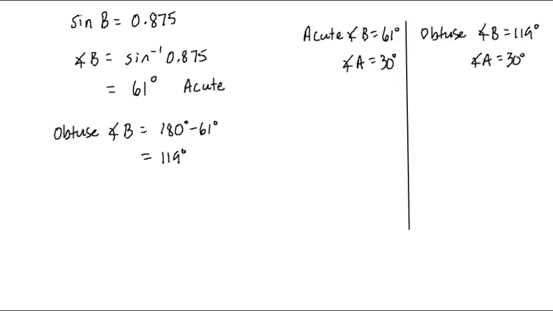Let's find out. Here's what we have for the two triangles that are under consideration. In the acute case, angle B is 61, angle A has to be 30. In the obtuse case of angle B, we have 119 and angle A still has to be 30. So we know that angle C has to be figured out.